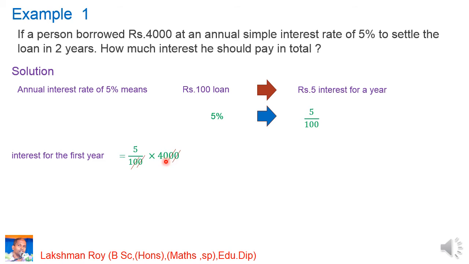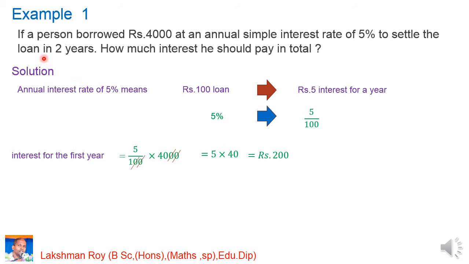Now only 5 and 40 remain, so those two should be multiplied: 5 times 40, 5 into 4 is 20, that is 200. So this is the extra amount to be paid for the first year. This is the simple interest for the first year.